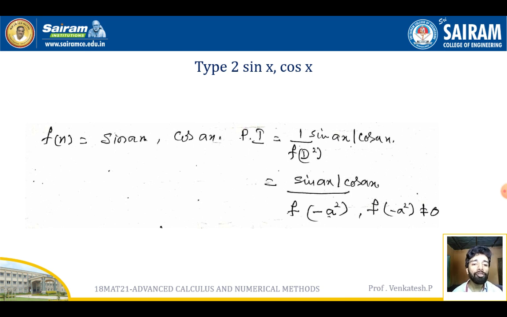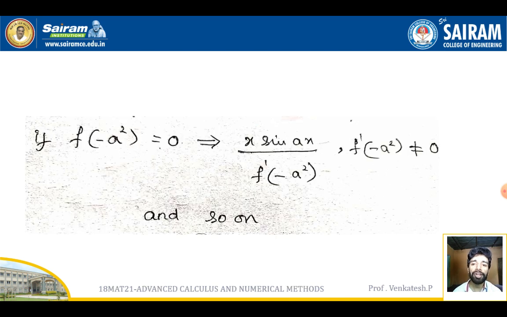Suppose after replacing d square by minus a square, I get the denominator equal to 0. What should we do? Same as in the previous problem, we differentiate the denominator with respect to d and multiply the numerator by x. Here I took an example of only the sin ax function. I replaced d square by minus a square and immediately got 0.